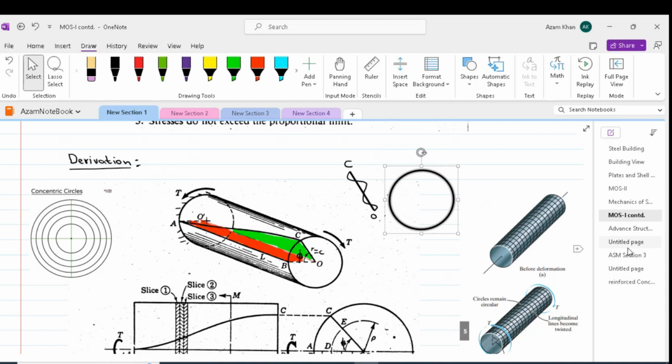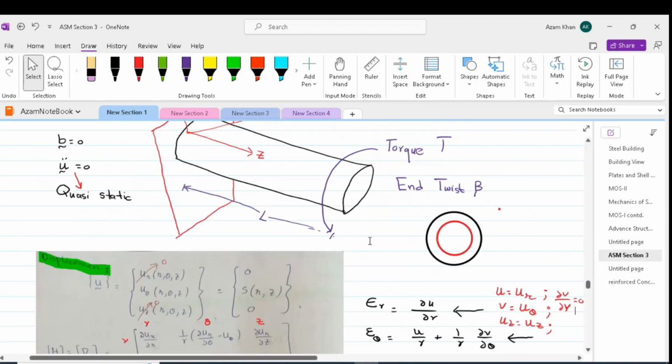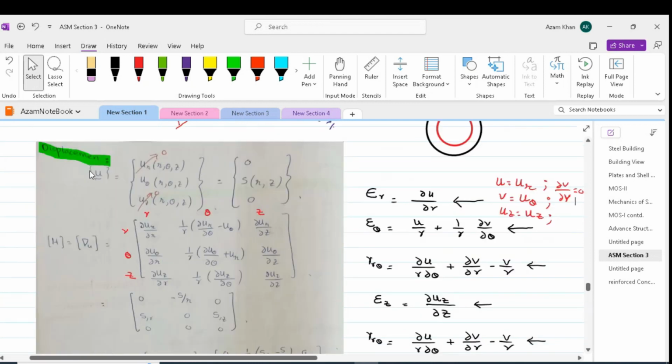From this argument, we can say that u theta is not dependent on theta, and we can simply equate it to a function s, which is dependent on r and z. Thus, our u vector is now ready.